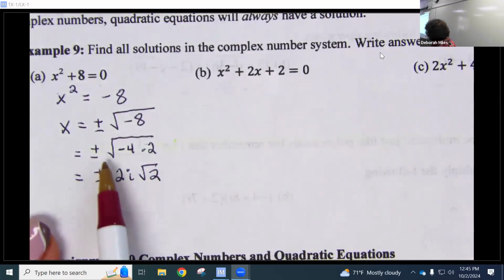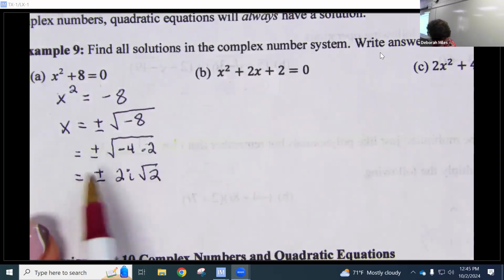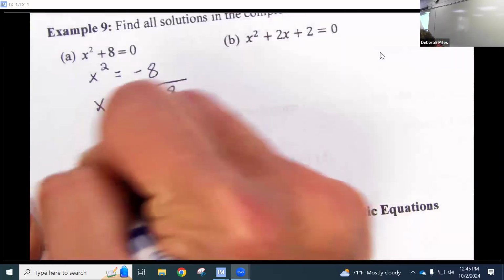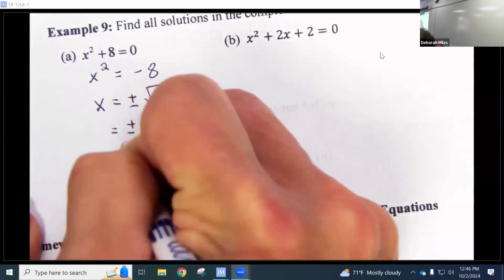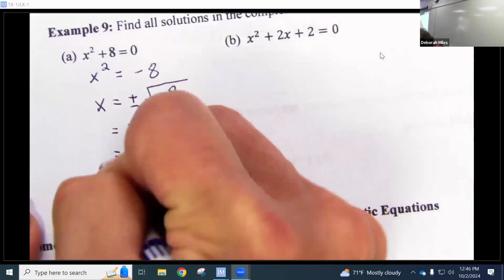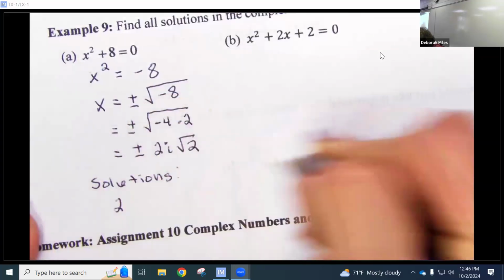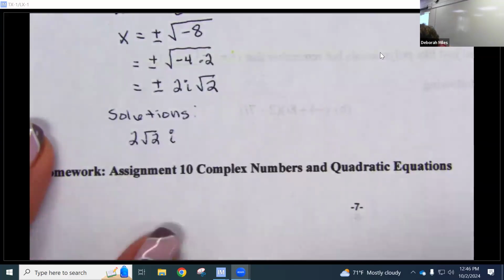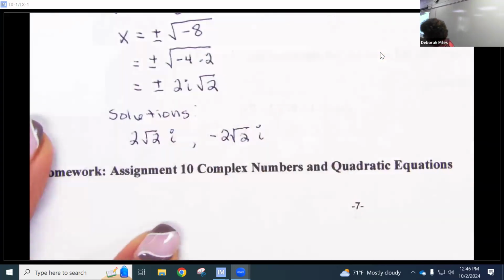Notice the 2i is just in front of the radical. It didn't hop out in front of this plus or minus. And if the directions on the test say, or if directions in the homework say, write your answers separated by a comma and in the form a plus bi, you're going to need to write the two solutions as +2 square root of 2 times i and -2 square root of 2 times i.